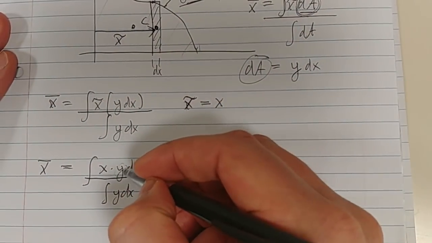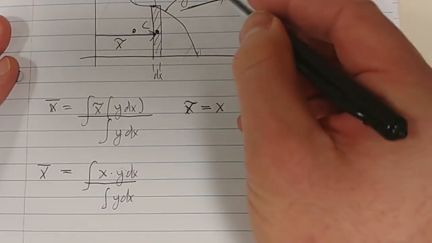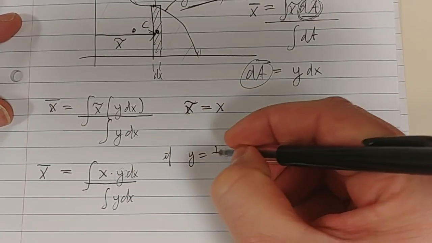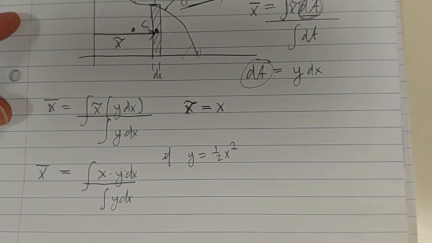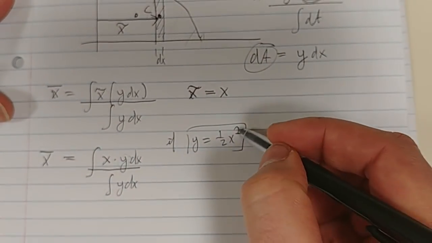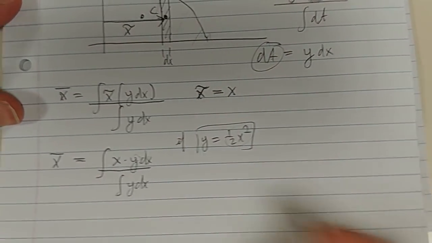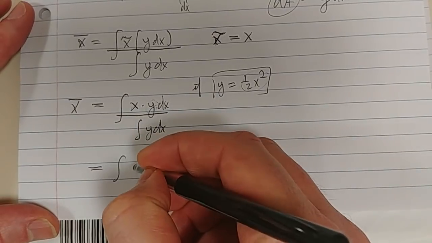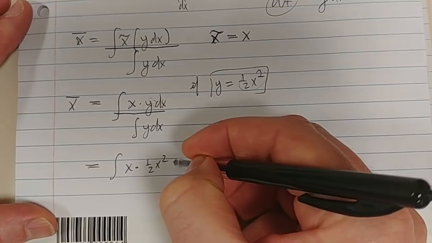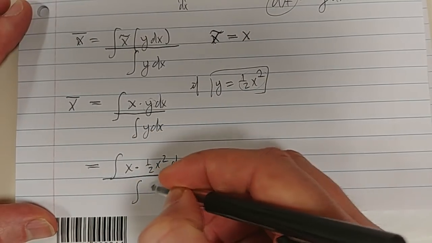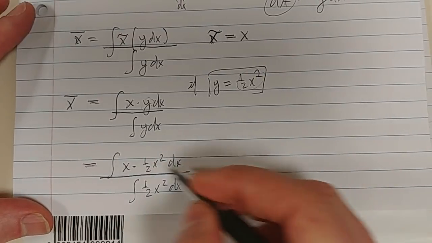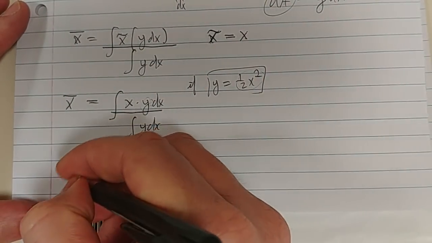What was y? Y is just a function of x. So if y is equal to, say, half x squared, and that was the function of this curve, then you would just put that in, and it would become the integral of x times half x squared dx over the integral of half x squared dx. And then you would just solve the integral and solve for x bar.